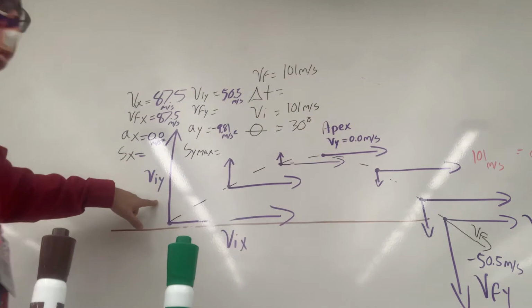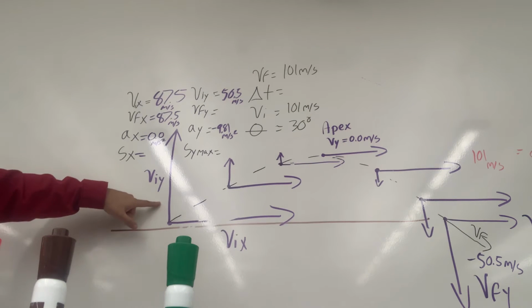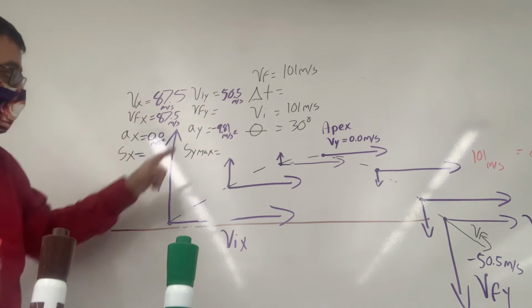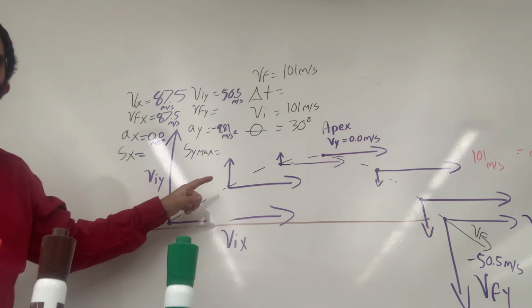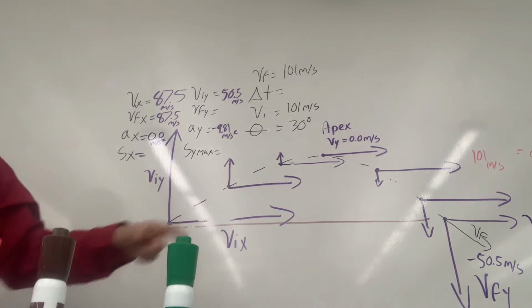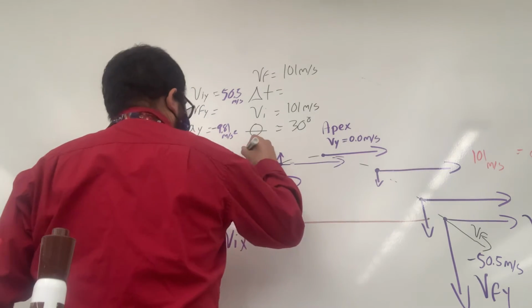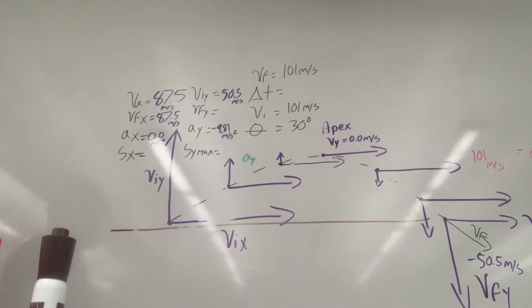So we know when it takes off here, the Y value is what? 0. No. 50.5, right? As it goes up, the Y gets less and less and less. Due to what? Gravity. Right? And gravity causes it to accelerate, yes?